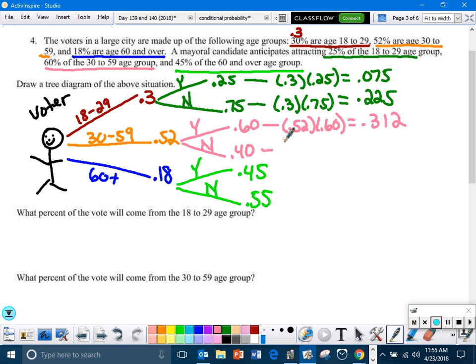Then I'm going to take 0.52 times the 0.40, which is 0.208.